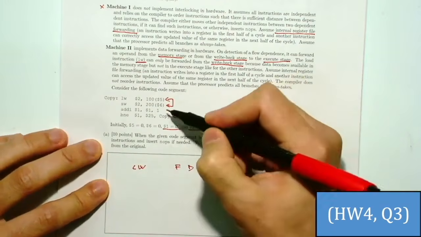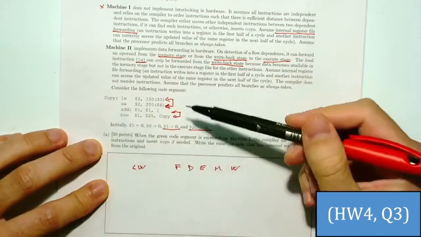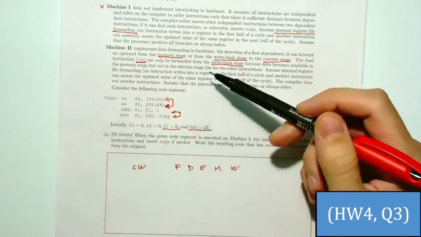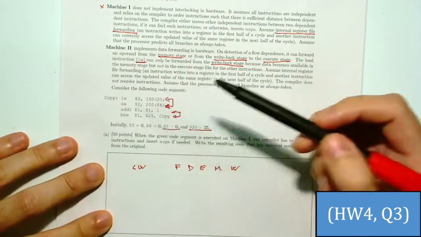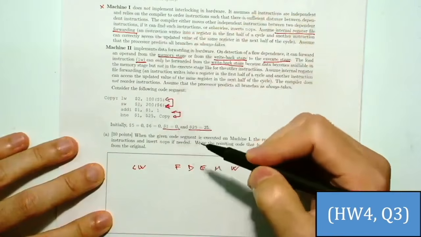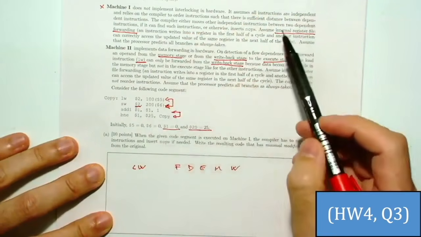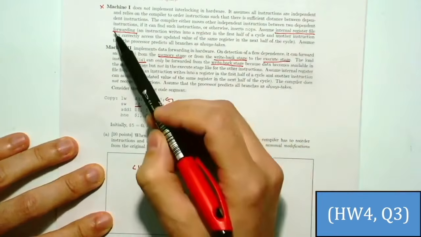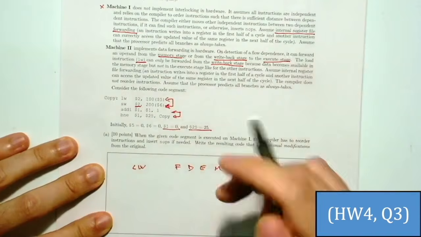To execute the store, we need to have this register content. And we see here that we assume internal register file forwarding. So in the same cycle that we write back in the load, we can read from the store.